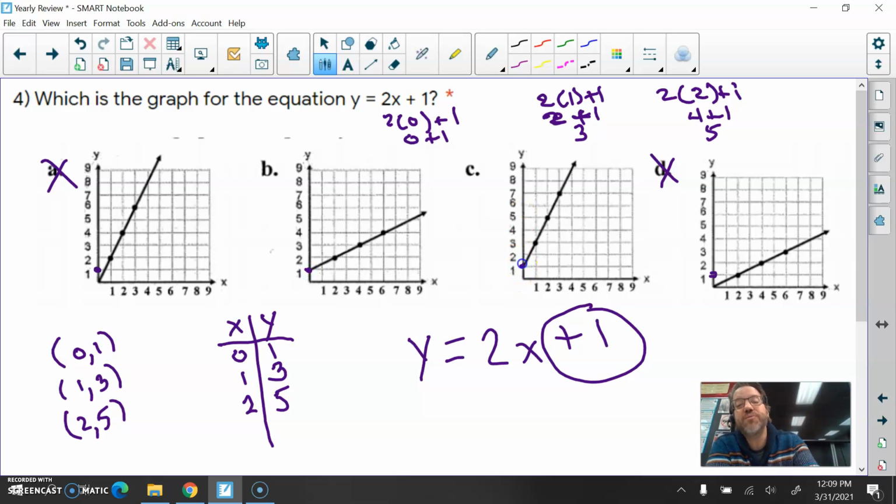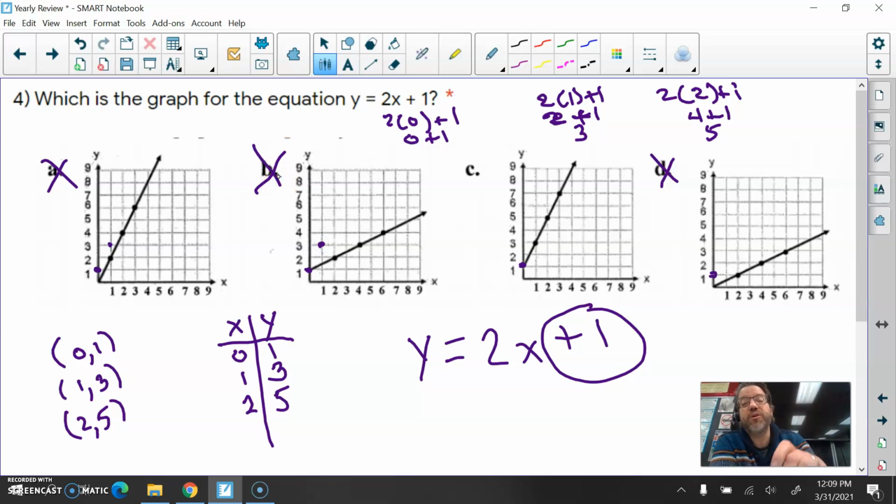C goes through plus 1 on the y-axis. A does not go through plus 1, and neither did D. Okay? And so now 0, 1, 1, 3. So I go 1 right, and I go up 3. Uh-oh. Oh, I already eliminated that one, though. Let's check here. 1, 3. Uh-oh, that's not on the line. It can't be B.